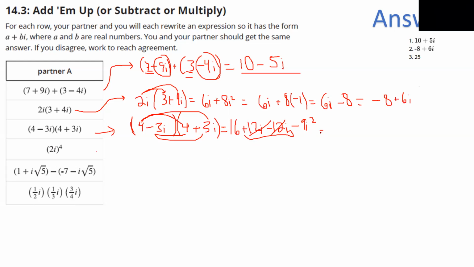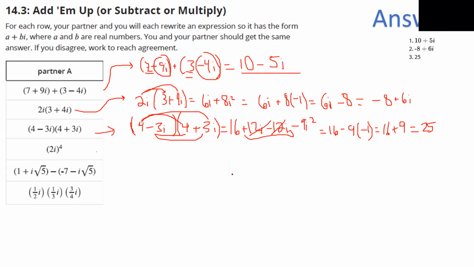So we have 16 minus 9. Now we learned that i squared is the same thing as saying negative 1. So that becomes negative 1. And now we multiply negative 9 times negative 1. And we end up getting 16 plus 9 times 1 is 9. And when I add 16 plus 9, I end up getting 25, which is what our answer was.